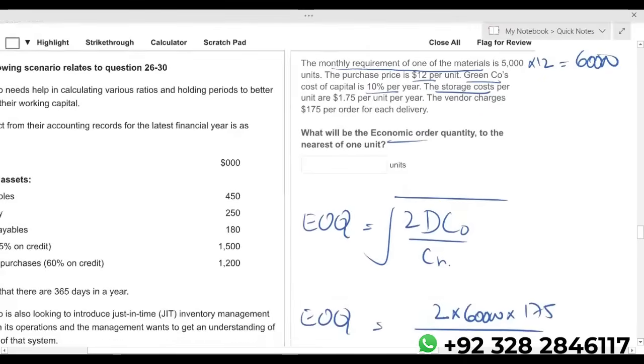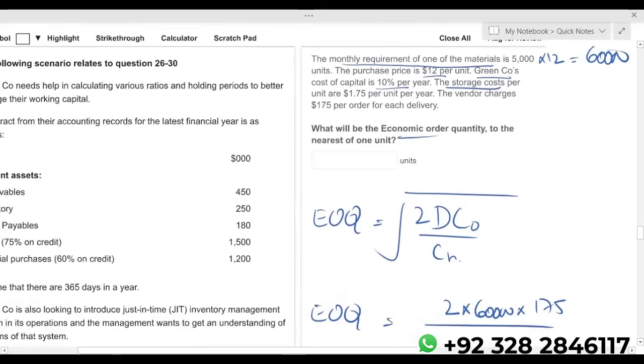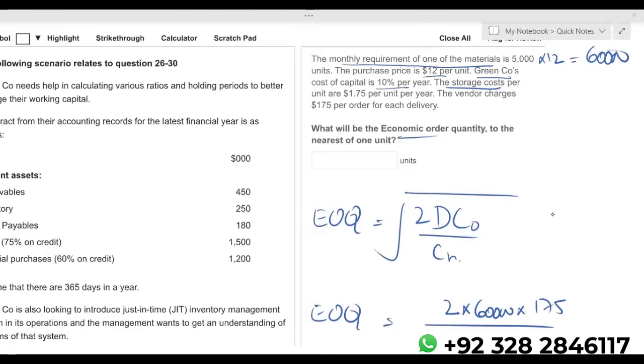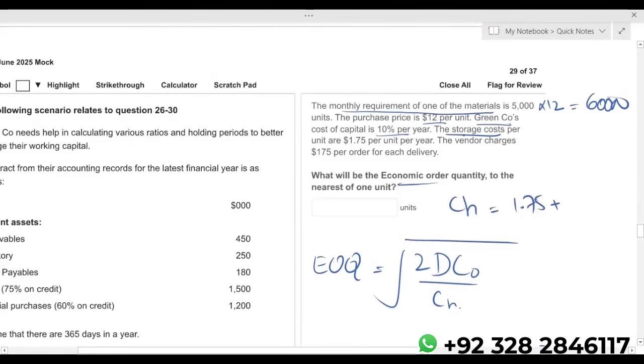When it comes to your holding cost, here your holding cost is not only 1.75, because the examiner has given you the cost of capital, 10%. So logically, your per unit holding cost is 1.75, this is the storage cost, plus you are bearing other cost as well.